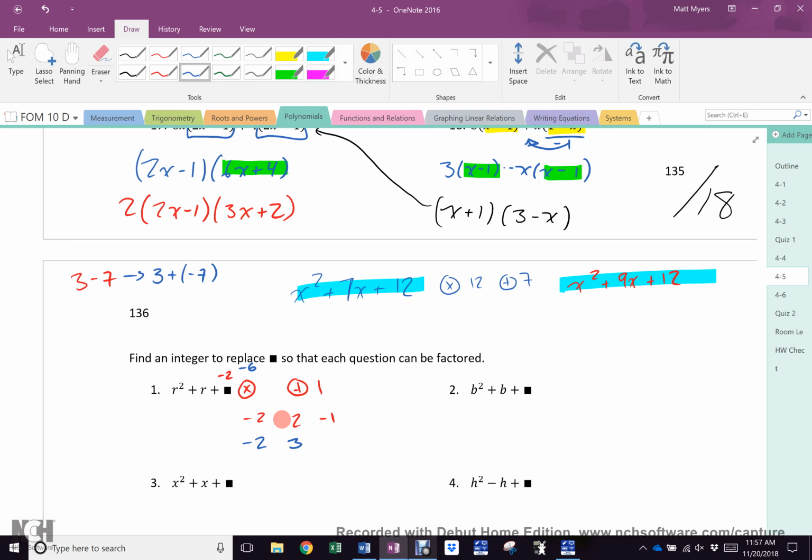So what's different in the second one? Nothing. So what number could go there? Any of those numbers we just said, or any other number that has factors how far apart? 1 apart, as long as one of them is negative. Which one has to be negative, the bigger one or the smaller one? Smaller.